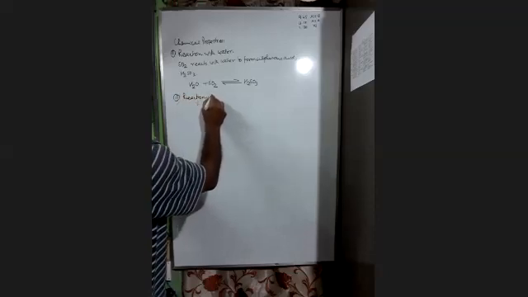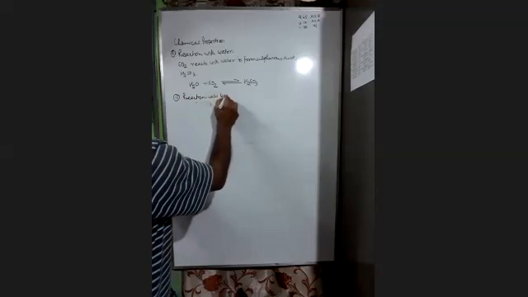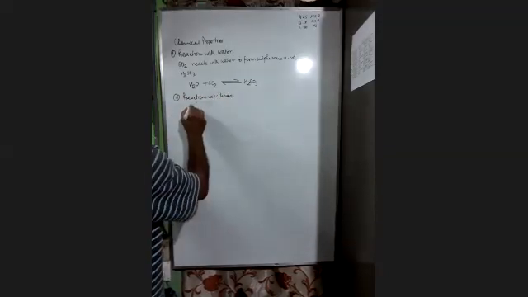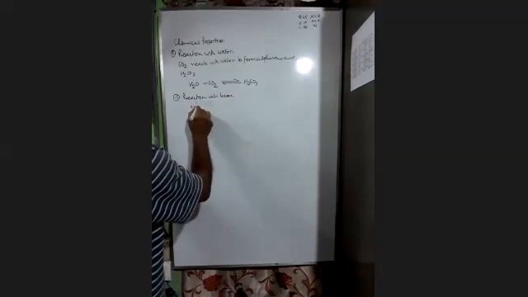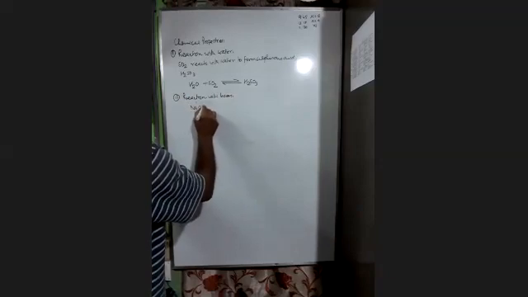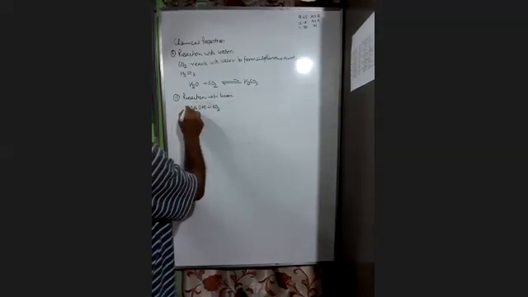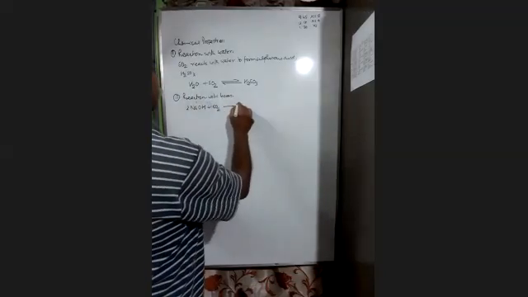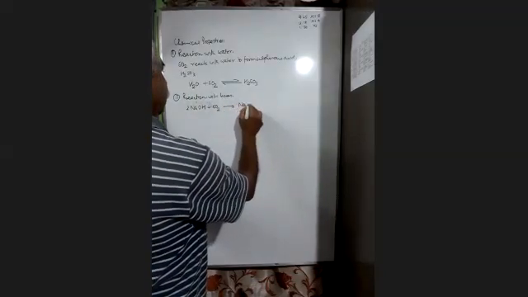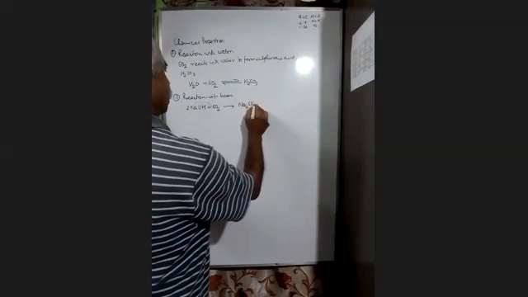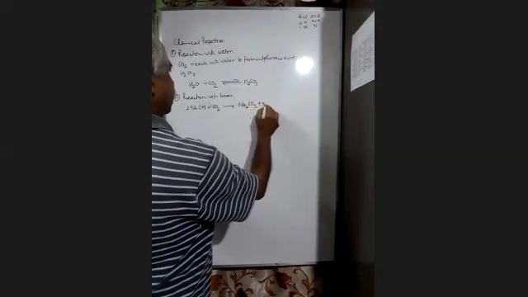Reaction with bases. See here. Sodium hydroxide reacts with sulfur dioxide to form Na2SO3 and H2O.